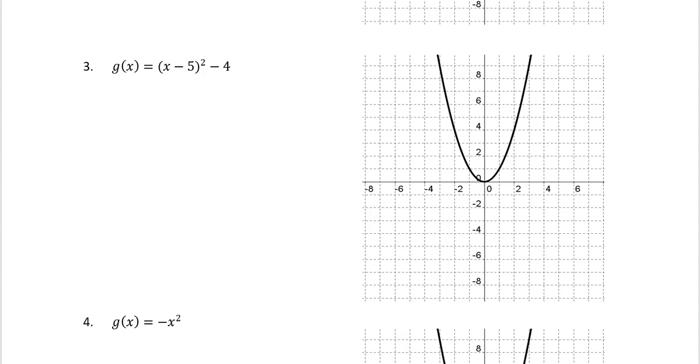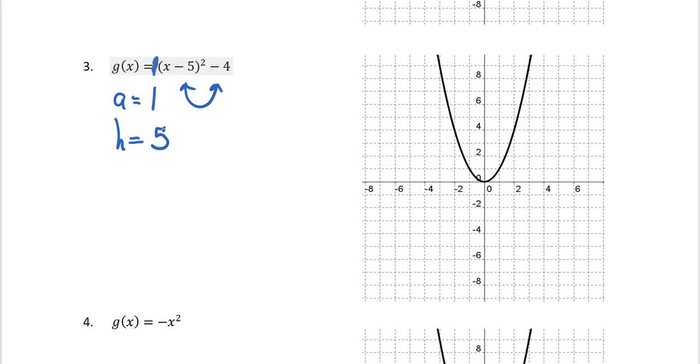Number 3 is a combination of problems 1 and 2. So you might be identifying some of those pieces real quickly. If I put in a silent 1 in front of that parenthesis, I can identify that my a value is 1, so I know I am opening up. I can identify that the h value is 5.